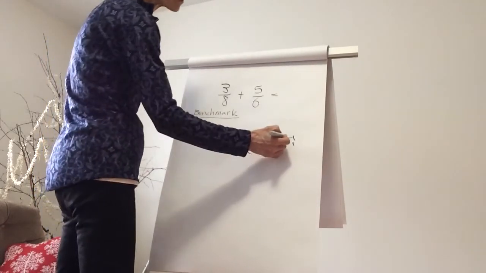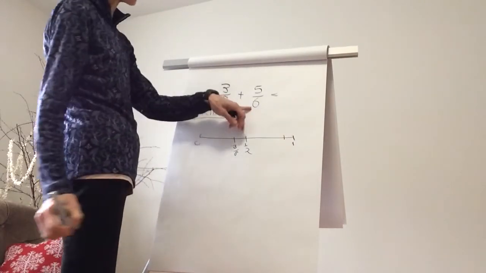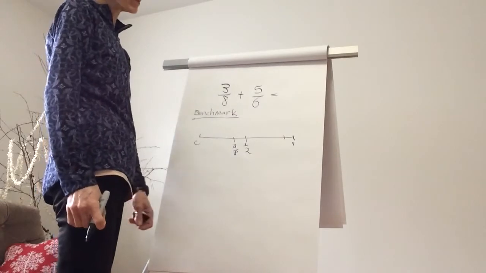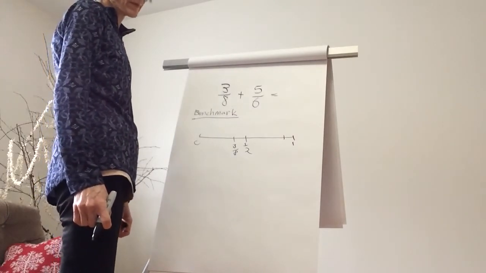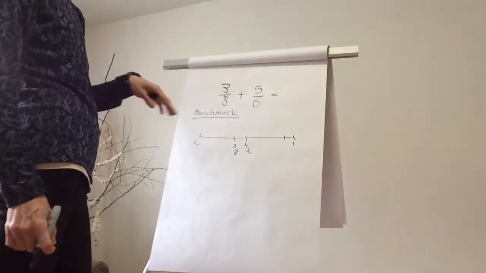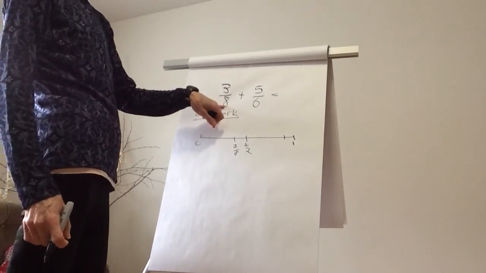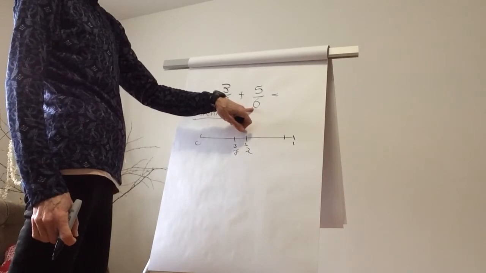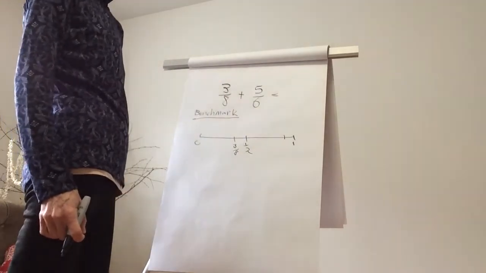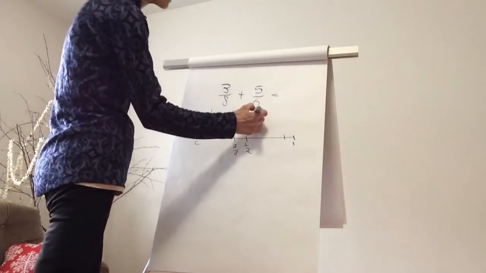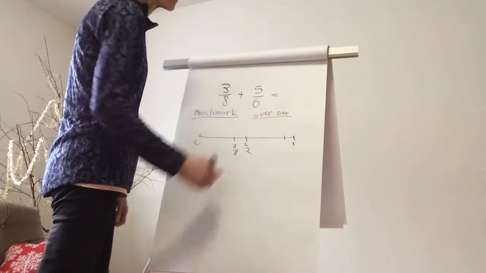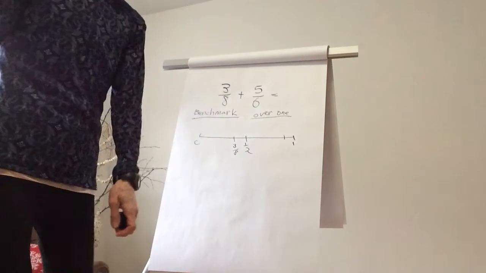And 5/6 is going to be way up here. I only need one more 6 to get there, to get to 1. So I would guess that that's going to be over 1. Now if we were doing relative size, we could say this was close to 1/2. I only need 1/2 more to get to 1. This is more than 1/2, so I know that by that I'd also be over 1. So this would be over 1. There we go. All right.